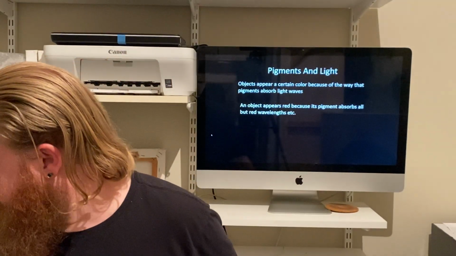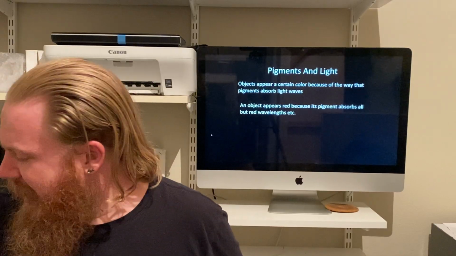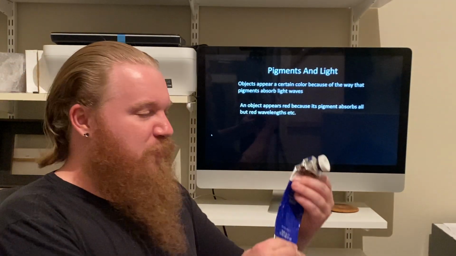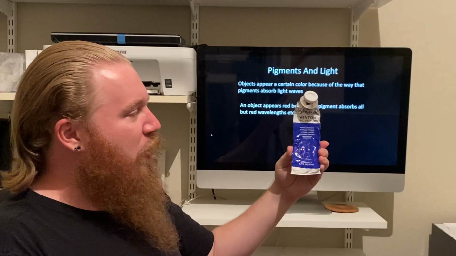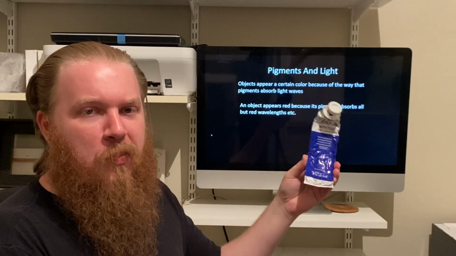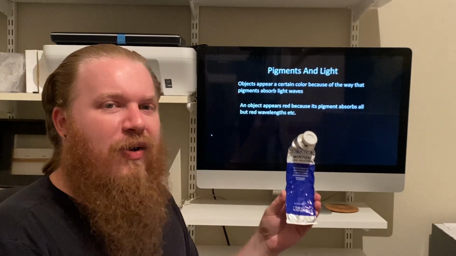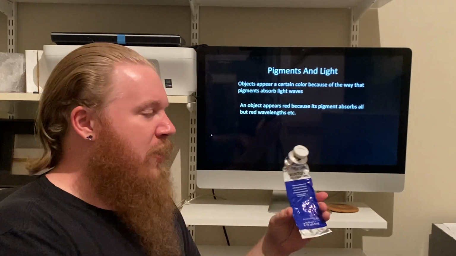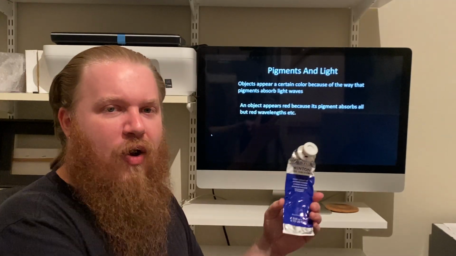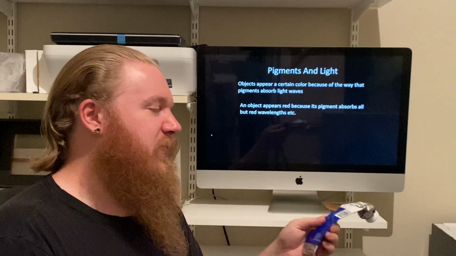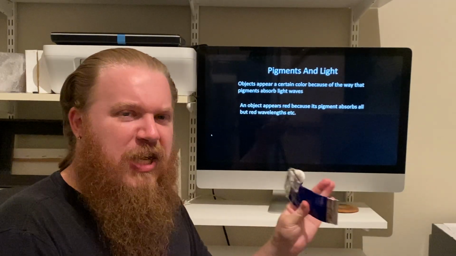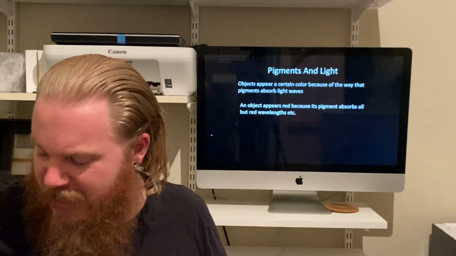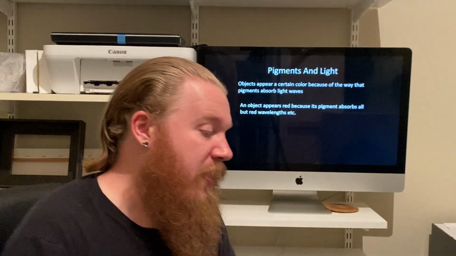So for instance, if we were to look at, say, my tube of blue paint here, we're actually seeing all colors but blue reflecting back out at us, and it causes us to see blue in our perception. However, the paint itself is absorbing all of those blue wavelengths, which is what makes it appear as though it's blue. So it's a kind of interesting phenomenon there.